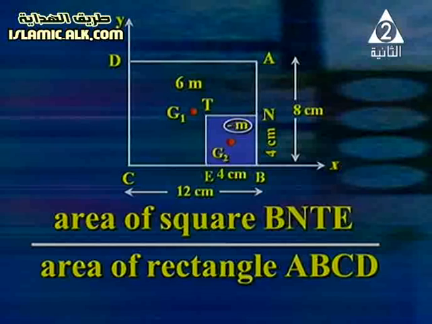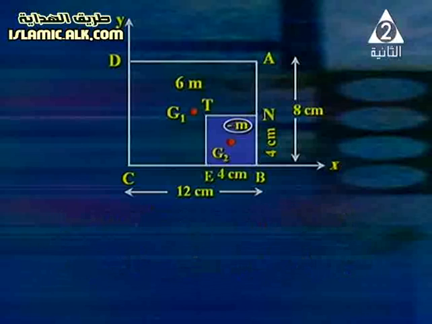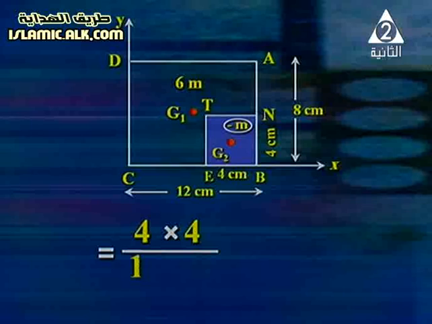Area of square BNTE over area of rectangle ABCD equals what? Equals 4 times 4 over 12 times 8, which is 1 over 6. Remember, 1 over 6.